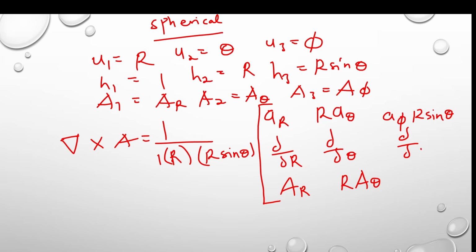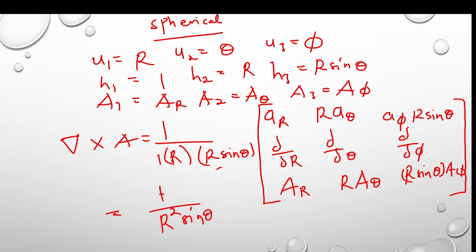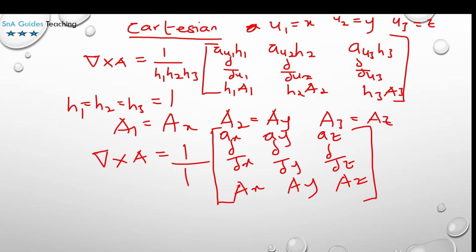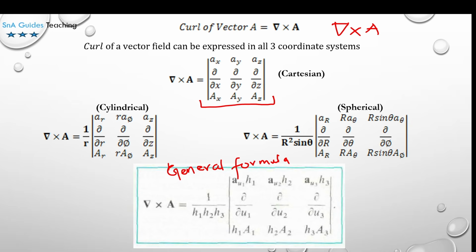U3 once again is phi, and then finally we have H3 A3. Now H3 is R sine theta and A3 is A phi. Okay, so this is what you are going to get, 1 over R squared sine theta multiplying whatever is here, right? Okay, and that's what we have here.